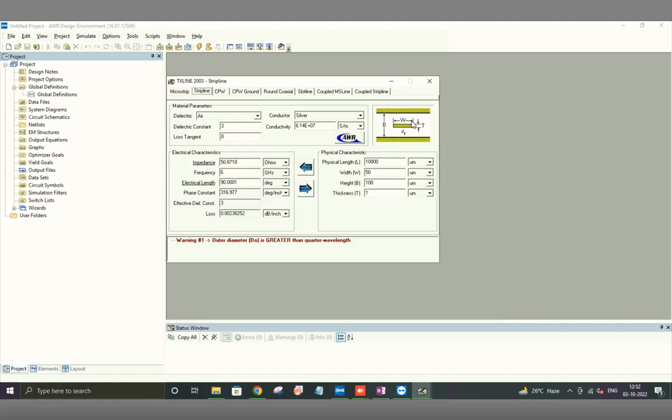It has a certain width, a certain thickness. I will come to that thickness part just a bit. And there are two ground planes on either side, which are spaced by distance d. And it's assumed that the center part is right in the middle.